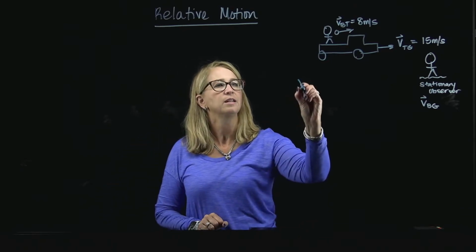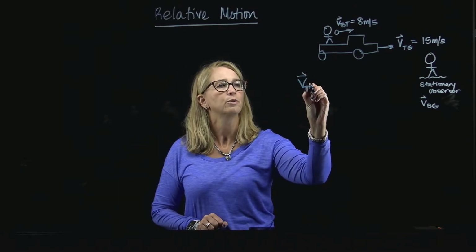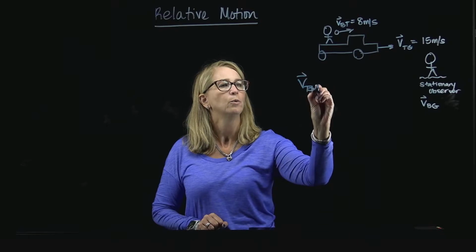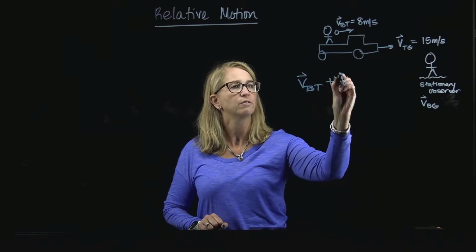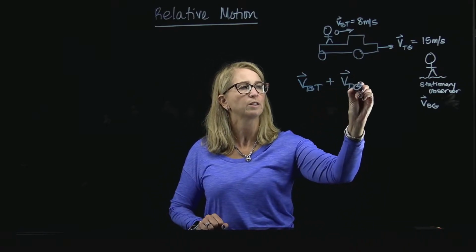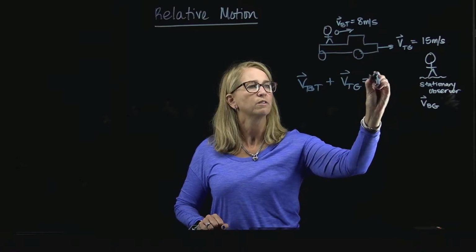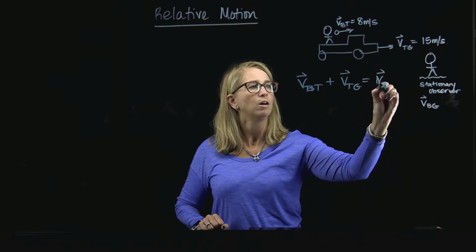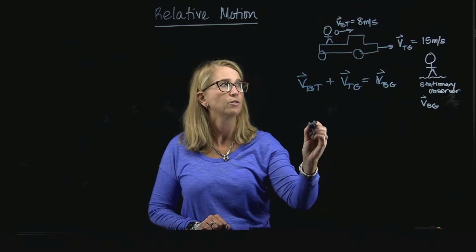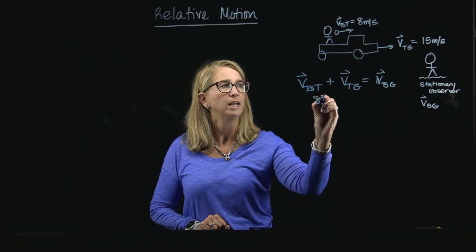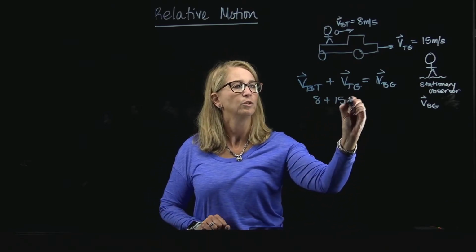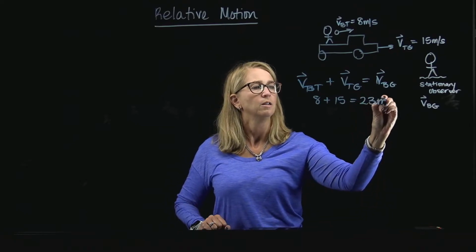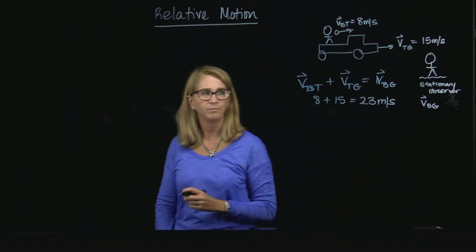So the velocity of the ball with respect to the truck plus the velocity of the truck with respect to the ground will give us the velocity of the ball with respect to the ground. And so that ends up to be 8 plus 15, which equals 23 meters per second.